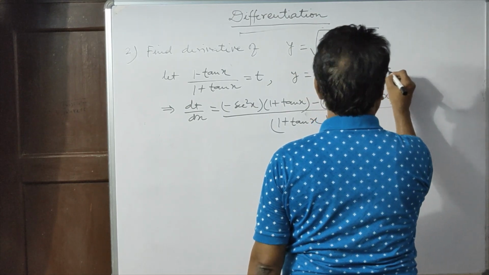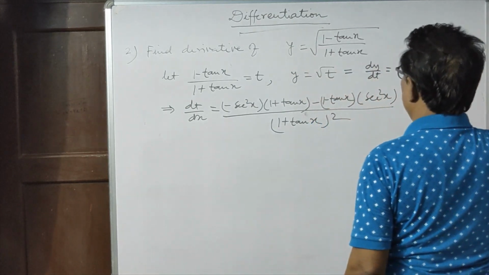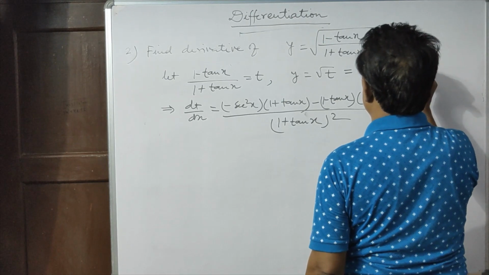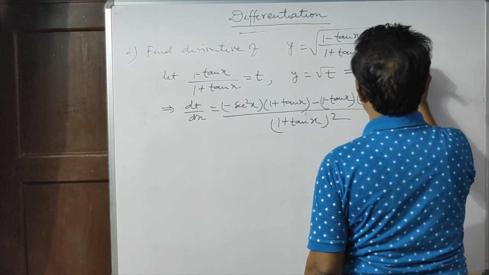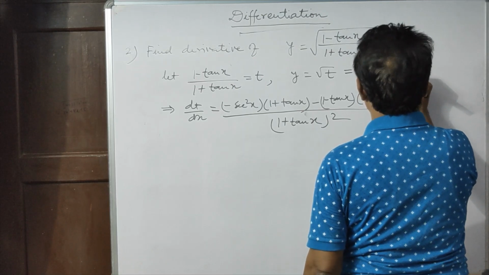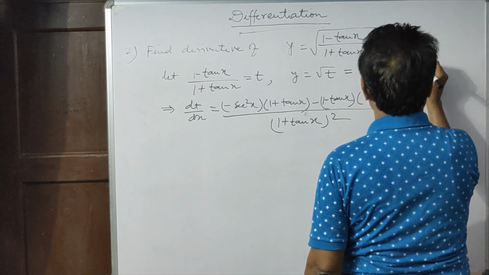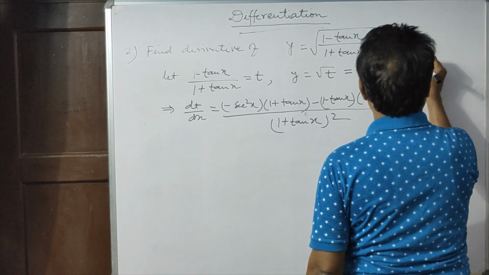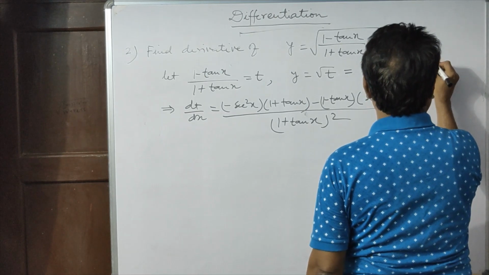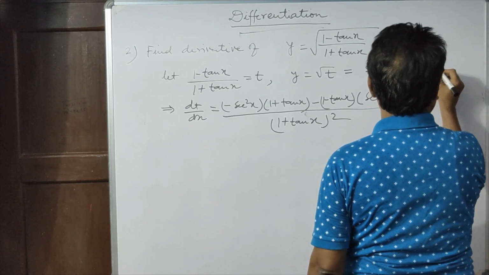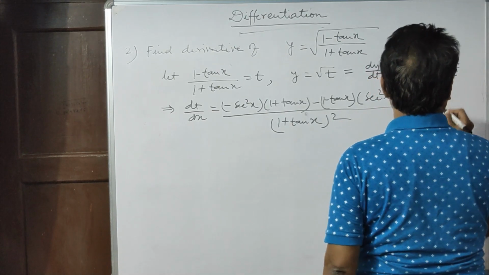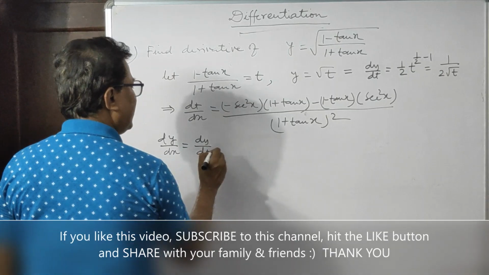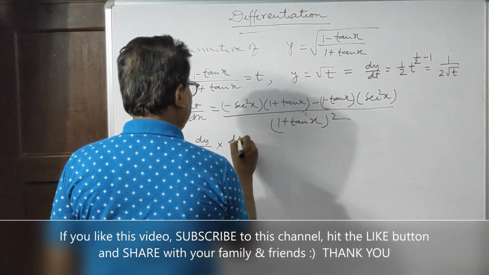By differentiating y you will get dy by dt is equal to 1 by 2 t to the power 1 by 2 minus 1, that is 1 by 2 root t, into dt by dx.